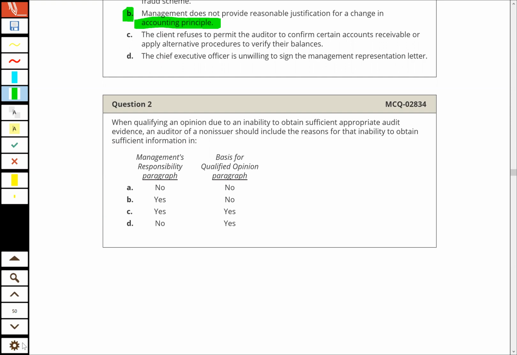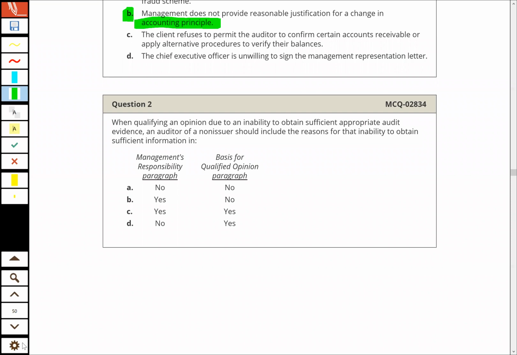If you didn't like A, then you went down to D, which 81% of us did. It has to be D here. The management responsibility paragraph is never affected.